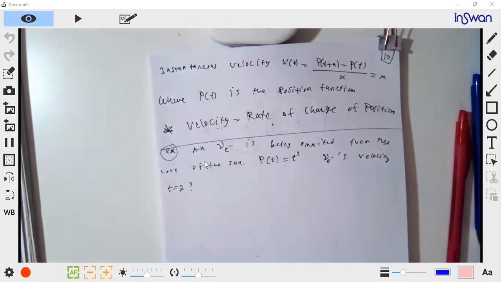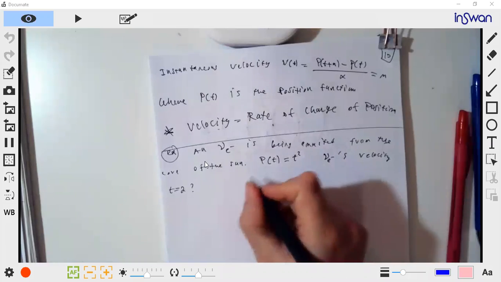All right, because average velocity takes 2 time inputs and 2 positions and finds their difference and then takes the ratio of that. But the instantaneous rate of change of position, which is velocity at time equals 2, is quantifying just how fast is it moving 2 seconds after being ejected out of the core of the sun.